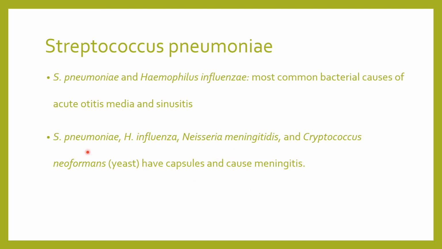Three are bacteria and one is yeast or fungi. Your three bacteria are Strep pneumoniae, H. influenzae, and Neisseria meningitidis. And your yeast is Cryptococcus neoformans. This one is acquired through bird droppings, the poop of birds and fowls.